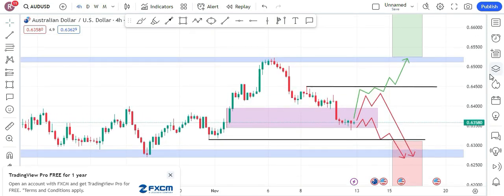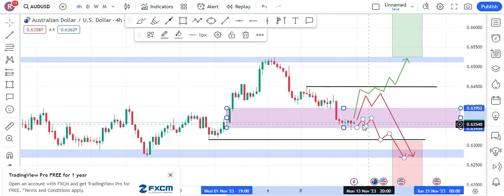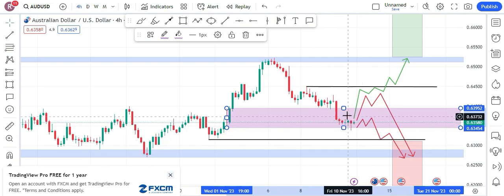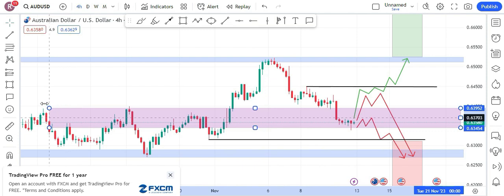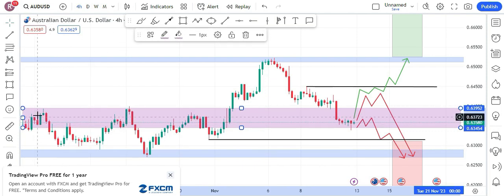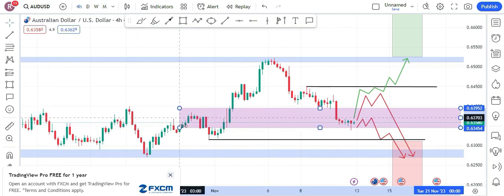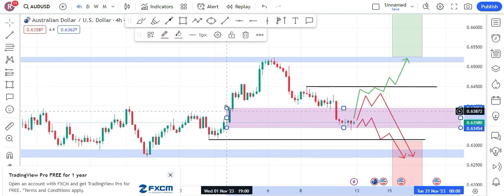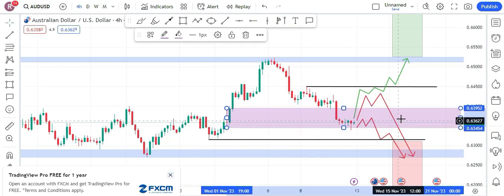There is no clear price action we can determine, especially until this box, which is very important at the moment because it is holding a range here. If we extend the box, you can see there's a lot of ranging going on inside this box. So we make it very specific to this candle, and this box is very important.